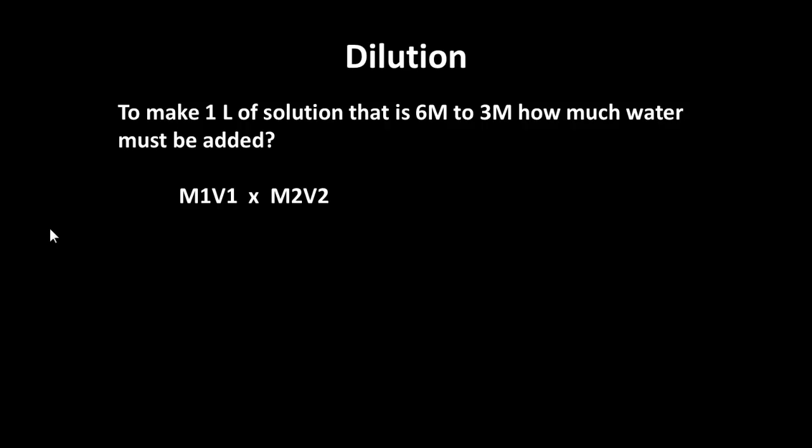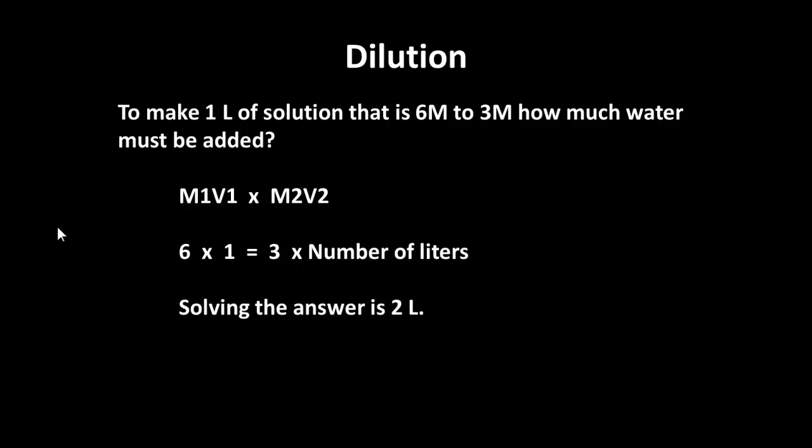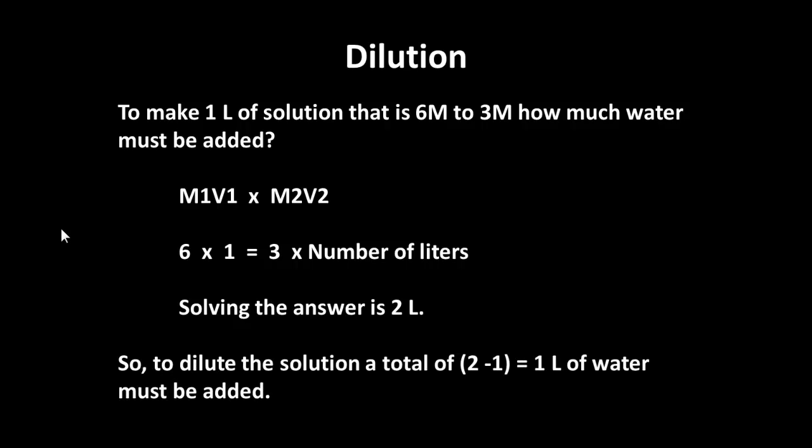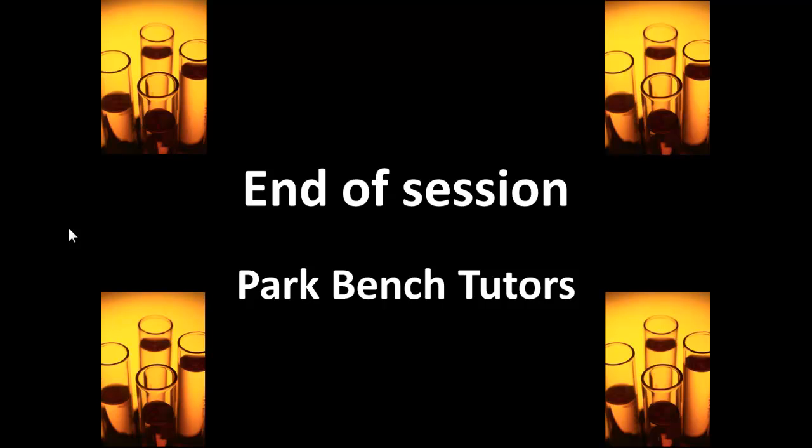Well, if M1V1 is equal to M2V2, 6 times 1 must be equal to 3 times the number of litres. So 6 times 1 must be equal to 3 times 2, so the answer is 2 litres. So to dilute the solution we add 2 minus 1, that's 1 litre of water.